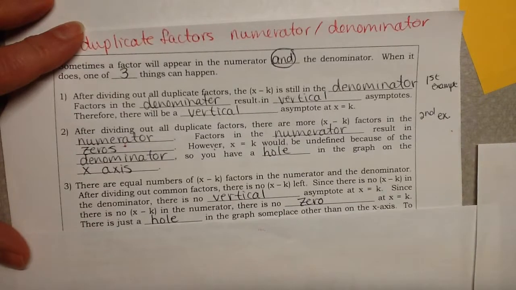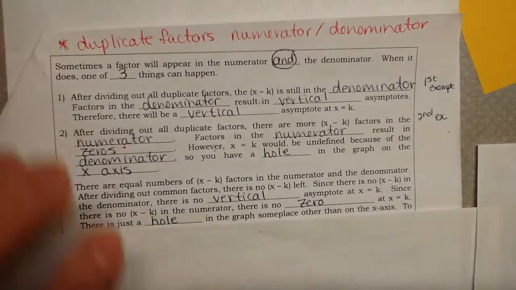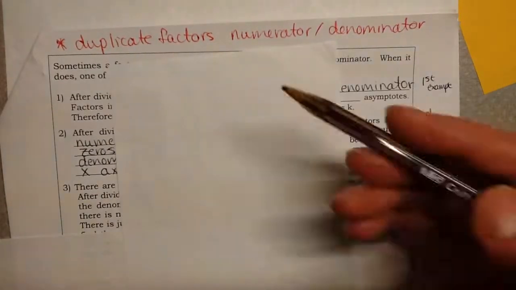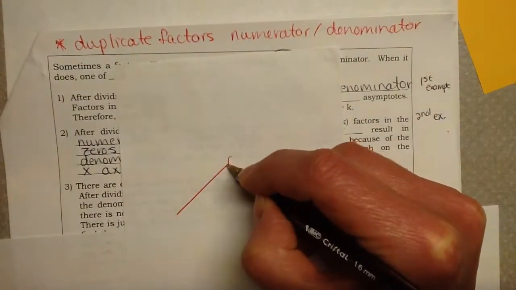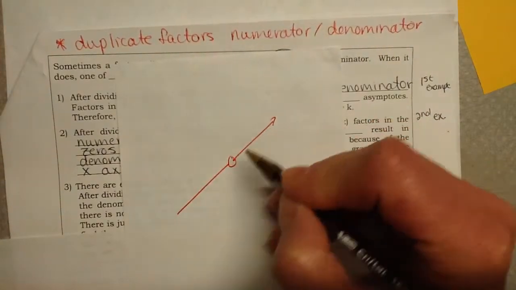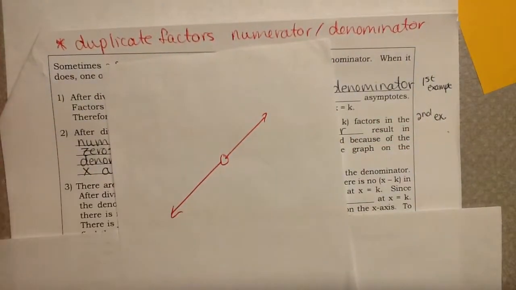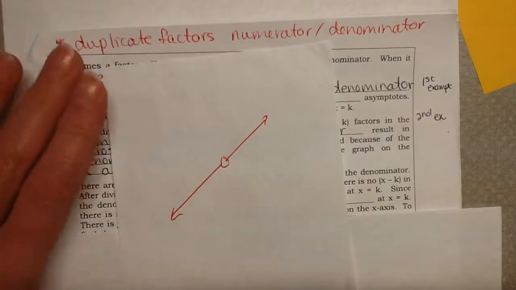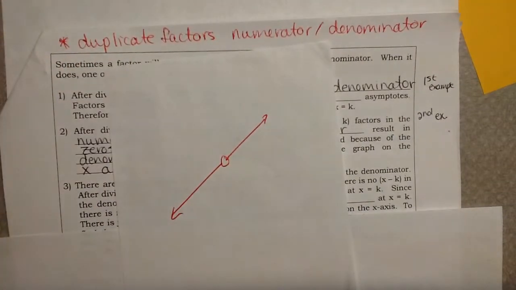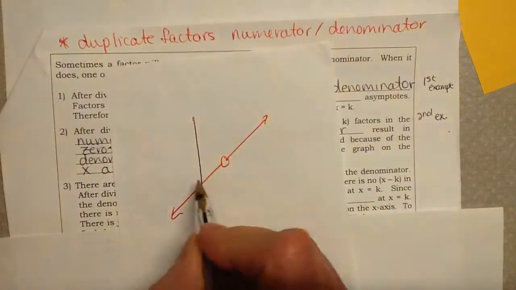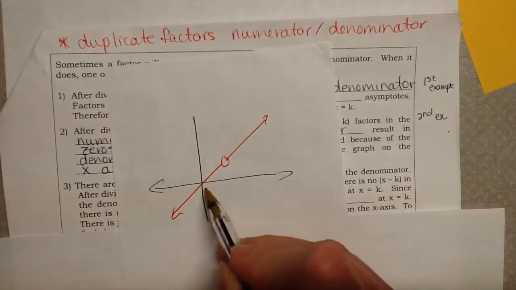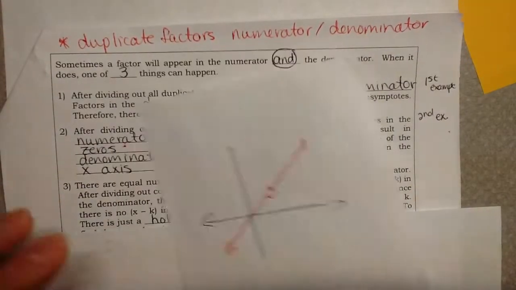So there's just going to be a hole in the graph someplace other than on the x-axis. A graph could look like a line that goes like this, with an undefined value here, and then it keeps on going. The hole would look like that, and I should write the graph in here so you can see that it's not on the x-axis. It would be somewhere on the graph.